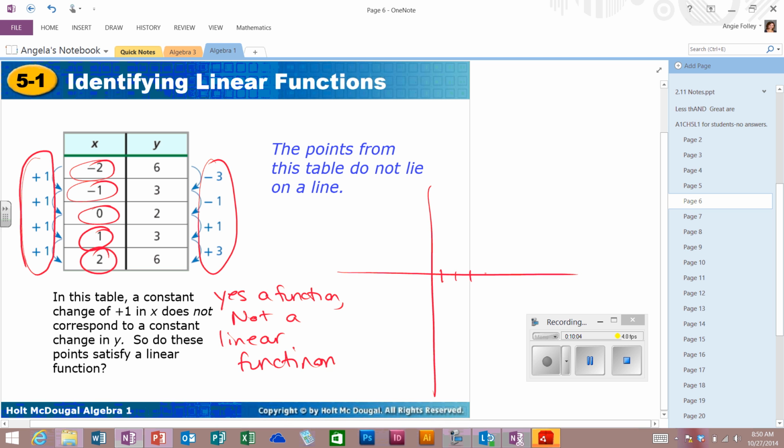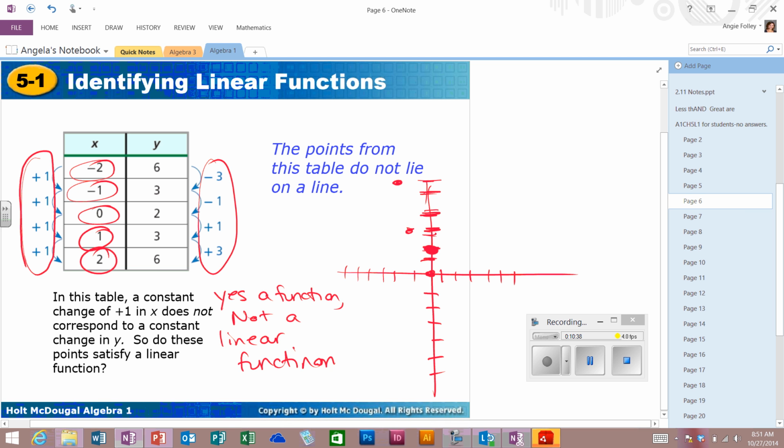Those should be equidistant apart. That wasn't a very good job on my part. They should all be the same. Okay, so if I go -2 up 6, -1 up 3, 0 up 2.